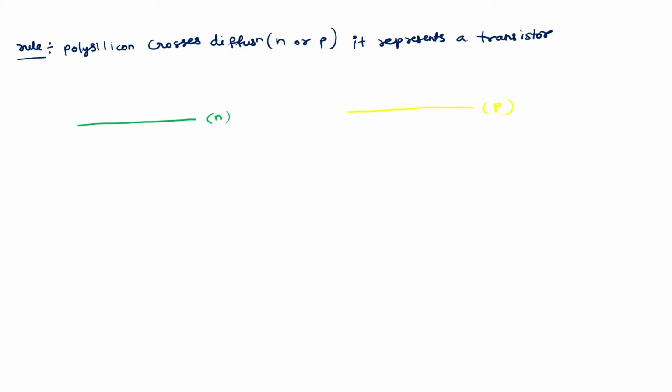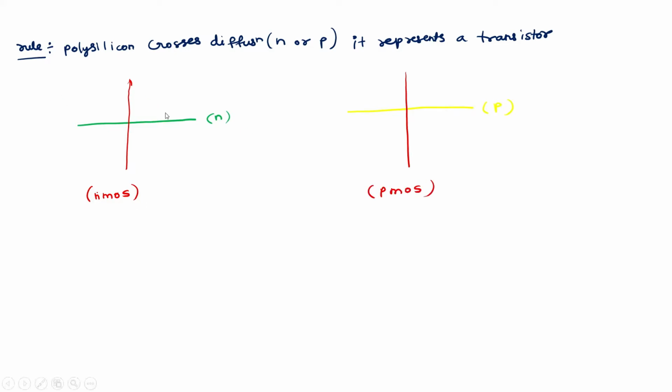Whenever a polysilicon, that is of red color, is passing through this, this represents a transistor. This will be called NMOS, and this will be PMOS.